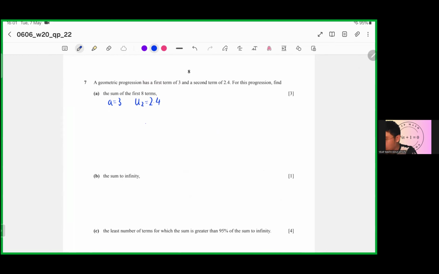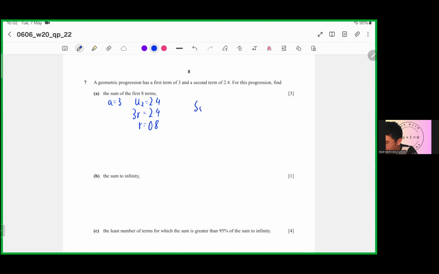So now we can find the common ratio first. Because 2 minus 1 is 1, this equals 2.4. So r, what is the common ratio? The common ratio is 0.8.